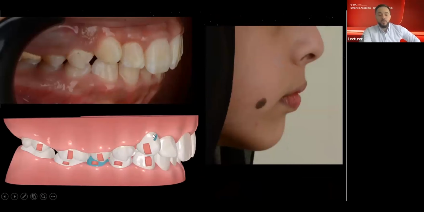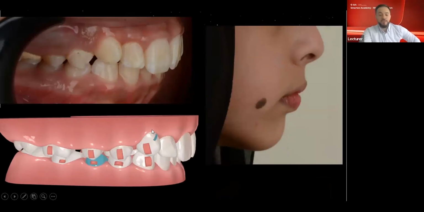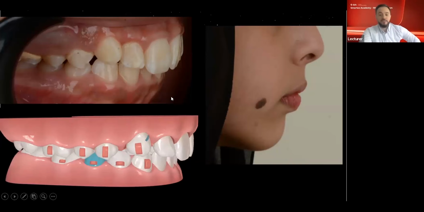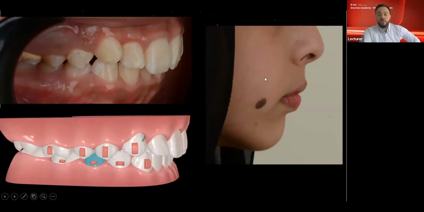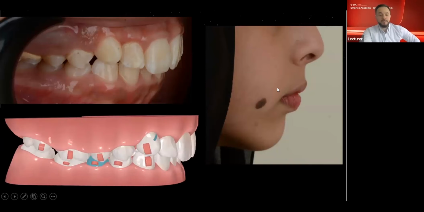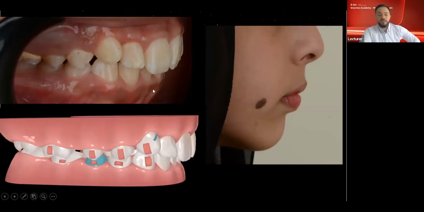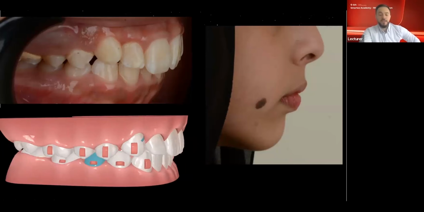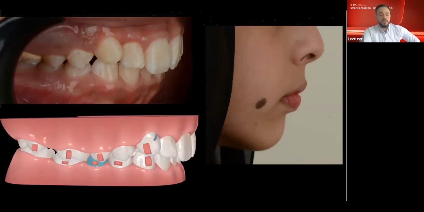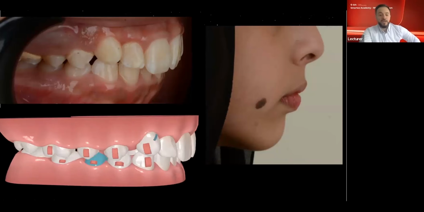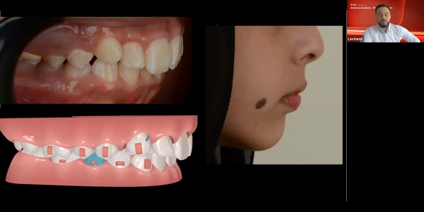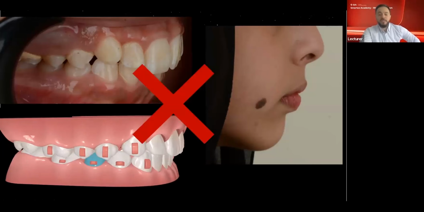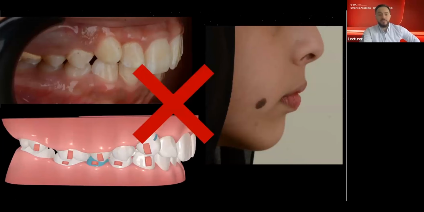Moreover, when we do such an amount of retraction to the upper anteriors, we might also worsen the profile of the patient. So sometimes when you submit a case, you see the initial 3D animation, you don't have to approve immediately. We have to look at all of the parameters. So definitely that wasn't a good idea and an ideal treatment plan for that case.